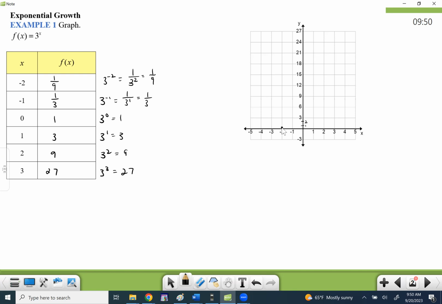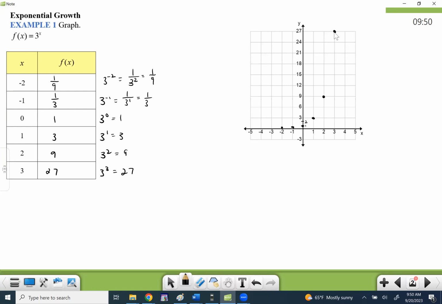All right, -1, 1/3, small, but a little bit higher. And then 0, 1, 1, 3, 2, 9, and 3, 27.